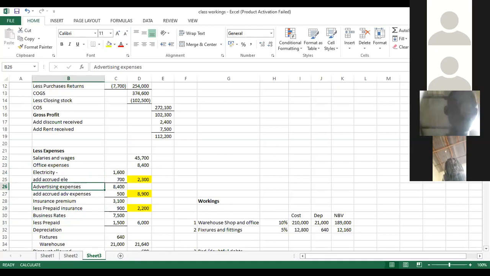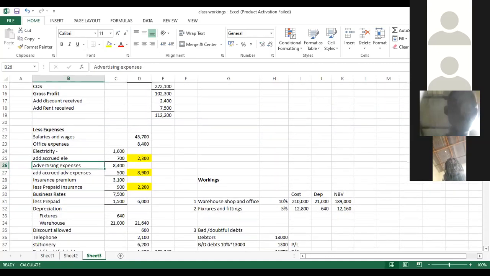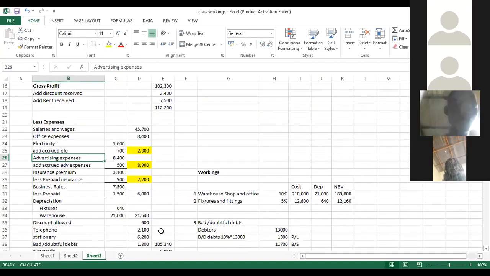Martin is asking a question and I'm not getting the question. Telephone is there, 2100. This one here, Martin, are you able to see it? Everything is okay, we included. Yeah, I can see it.